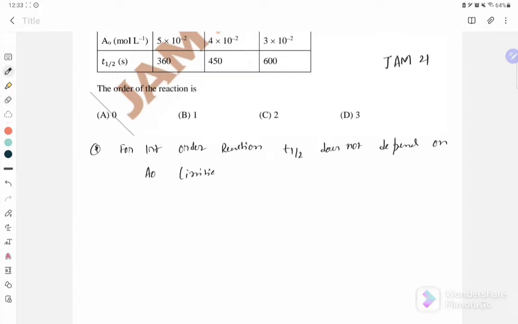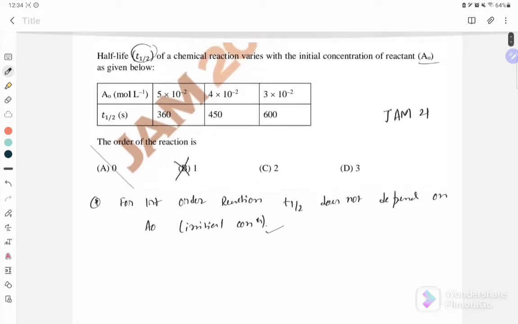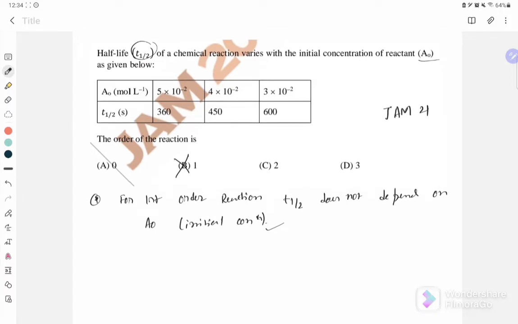So this cannot be order one, so option B is not correct. The options 0, 2 or 3 remain.